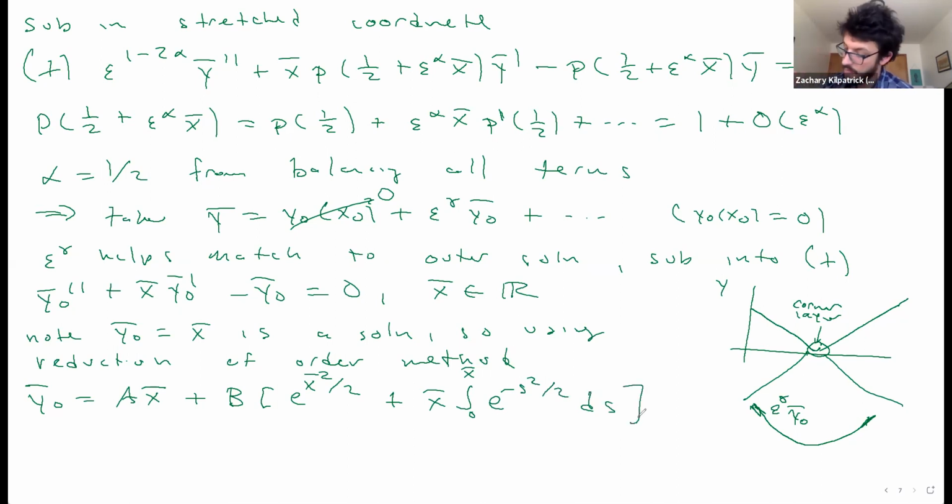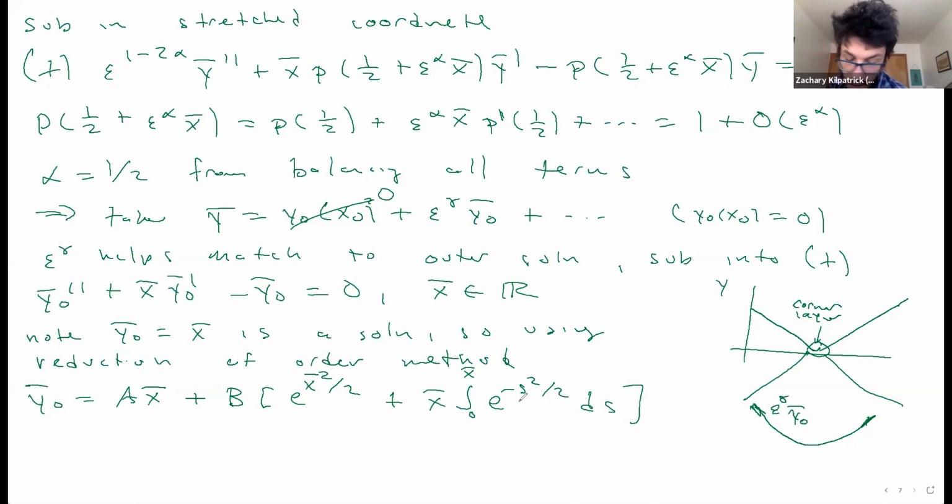Oftentimes with these nonlinear or variable coefficient interior layer problems, you have to pull out a number of different methods from ordinary differential equations, so I can send you some supplementary materials on that method.